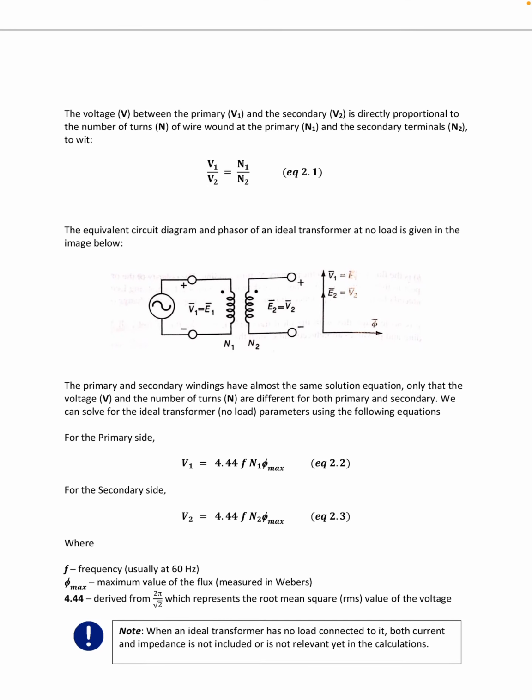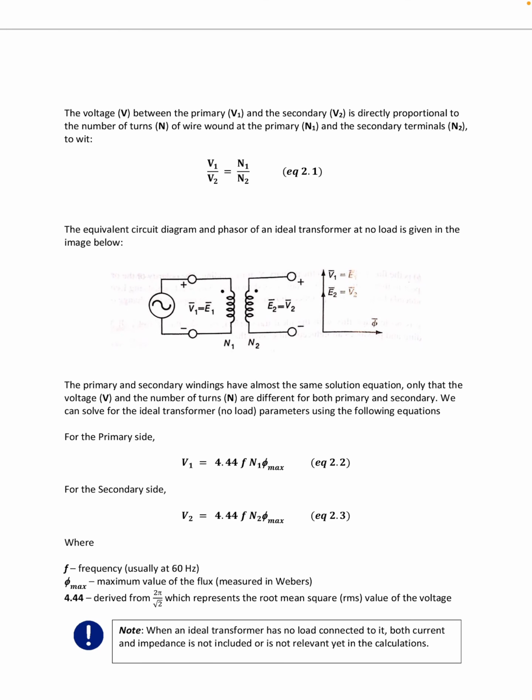And ang 4.44 pod is derived from 2 pi over square root of 2, which represents the root mean square value of the voltage. So equal pod siya kay shared parameter man siya between the primary and the secondary. If wala pa ninyo na-encounter, ang root mean square is, this is just a rough definition, the measurable amount of voltage with any measuring device, like for example an oscilloscope or a multimeter.